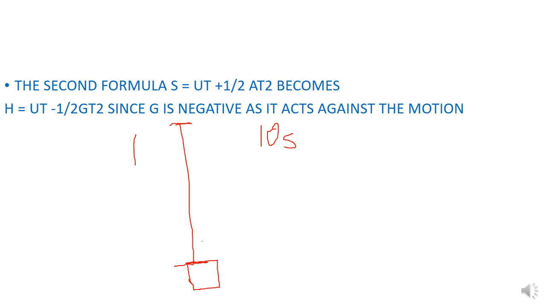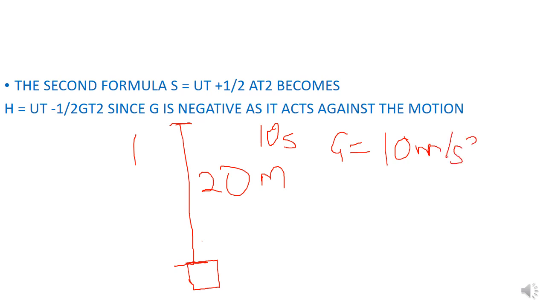A body took 10 seconds to move a height of 20 meters upwards. Provided that g is constant, g is always, in all situations, 10 meters per second squared.